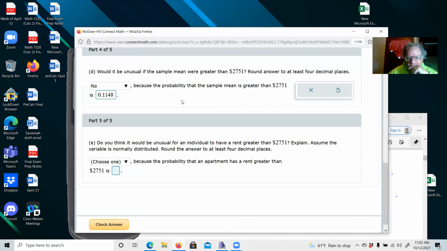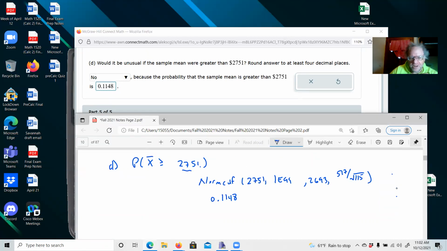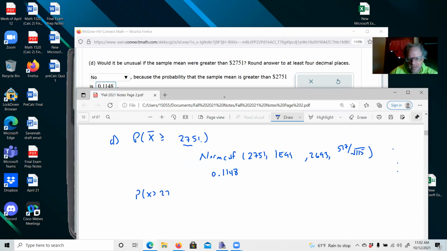Okay, so what we're going to do, this is a 7.2 problem rather. So they want to know what's the probability that x is greater than 2751. Okay, so we're going to do norm CDF, right?